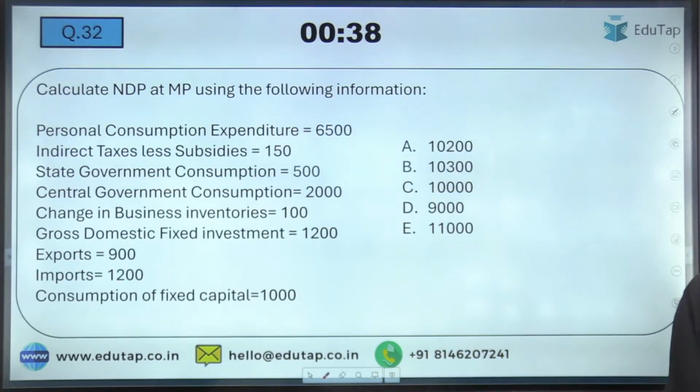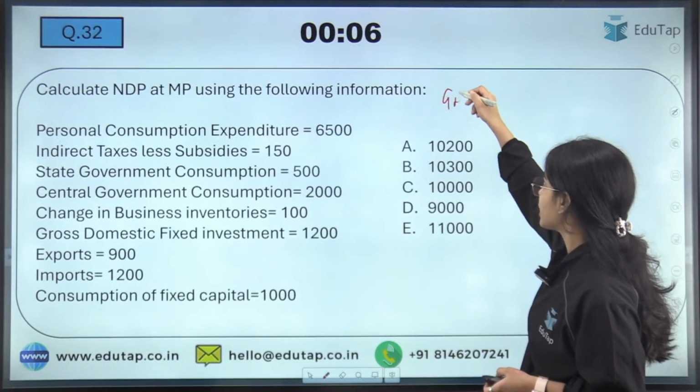Coming to the next question. Now try to answer this question. So here this is the expenditure method.